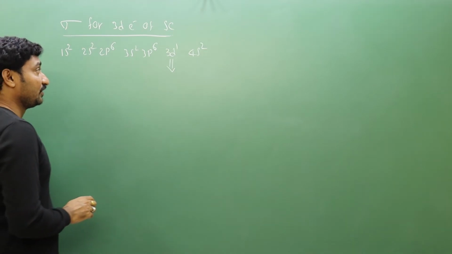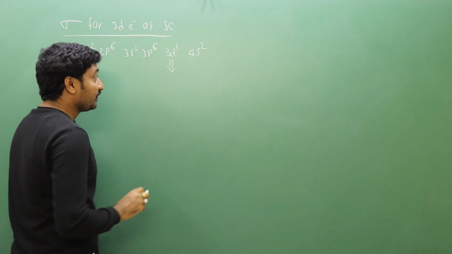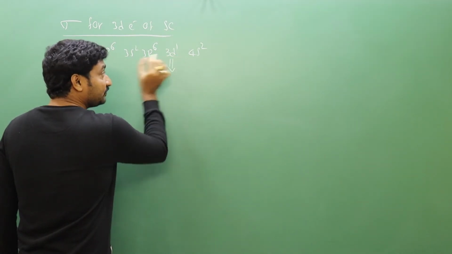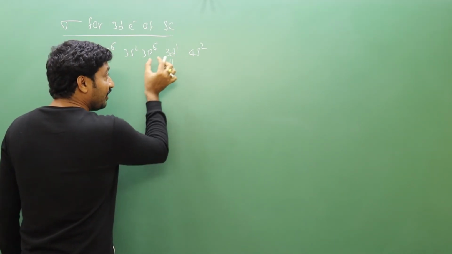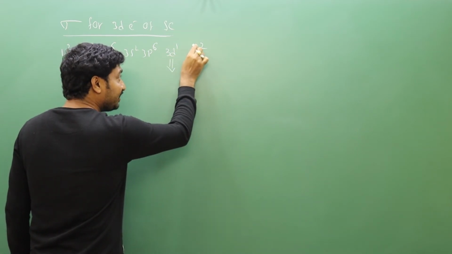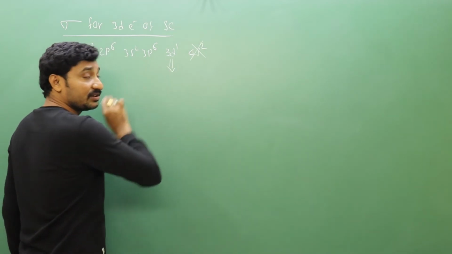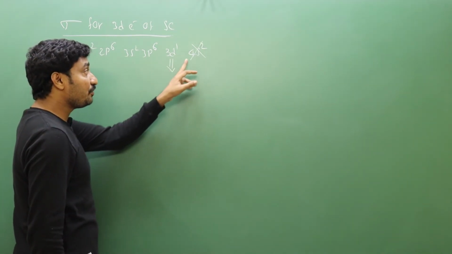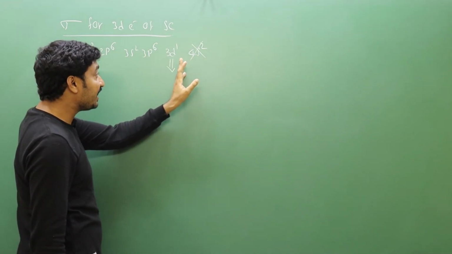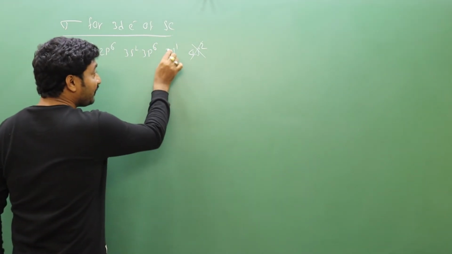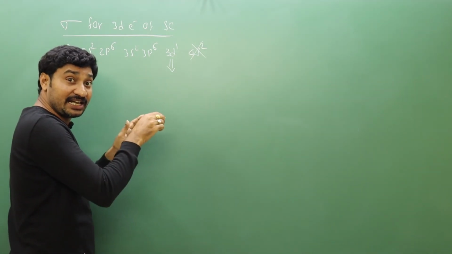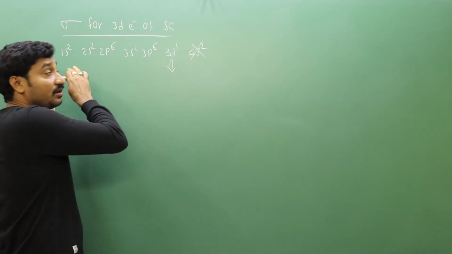Remember one thing: we are calculating sigma for the 3d electron. With respect to 3d, the 4s is the outer shell. That's why there is no contribution of 4s electrons. We consider that shell and the inner shells, not the outer shell.